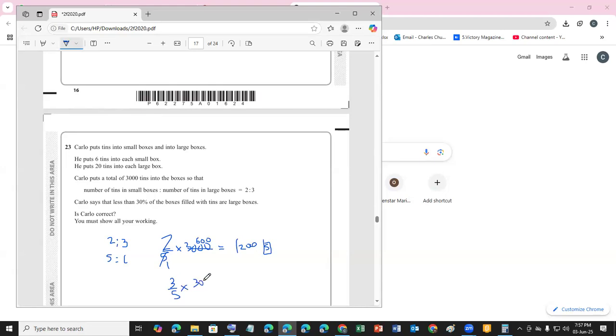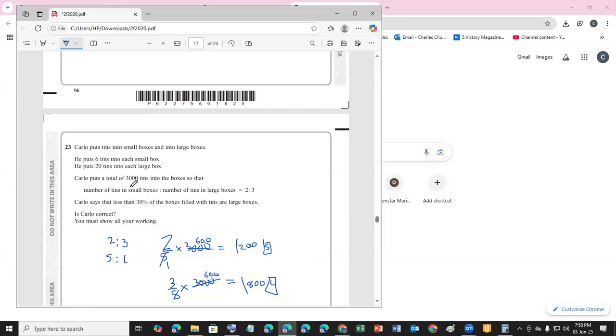And that's going to give us, if I do the same thing, that's 600, right? So 3 times 600, that's 1,800. So now the big question here is this: 1,800, because he said something for the large boxes. I think that's what his assumption was on. He says that less than 30% of the boxes filled with tins are large boxes. Is he correct? So let's confirm that.